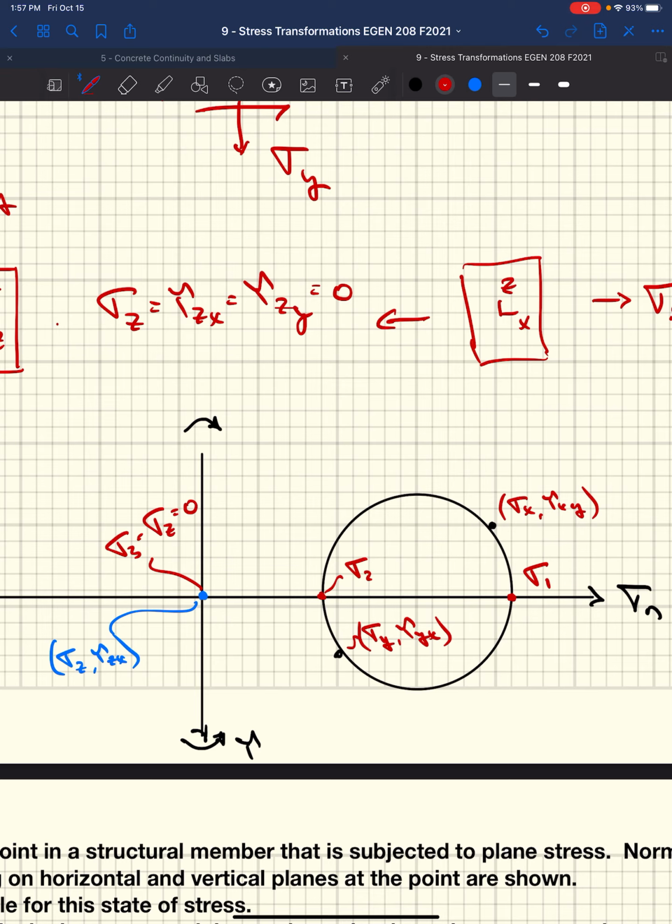So our XZ plane is a circle that's based on our sigma 1 and our sigma 3. And our YZ plane is a circle that's made from sigma 2 to sigma 3. So we end up getting 3 circles. If I can draw them.